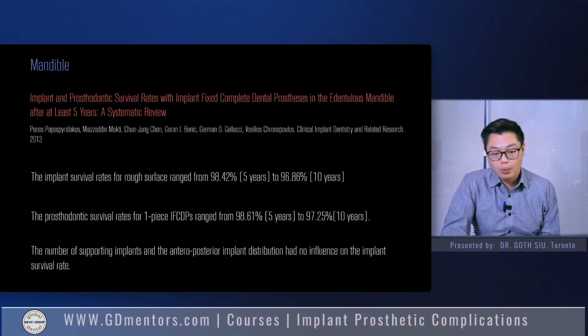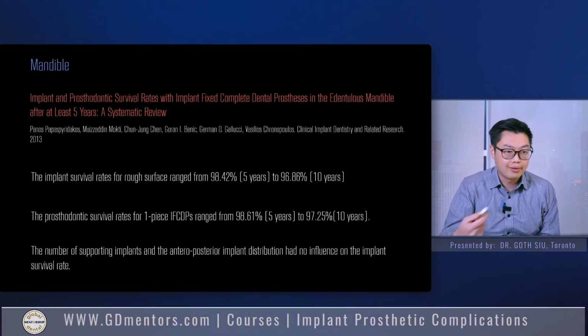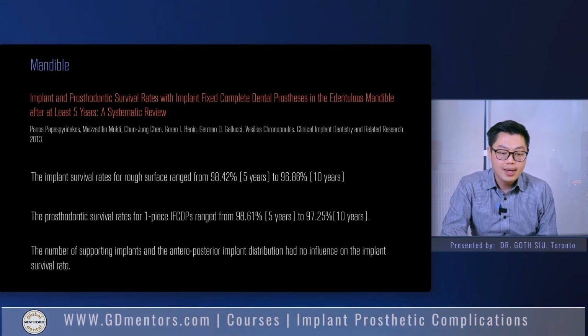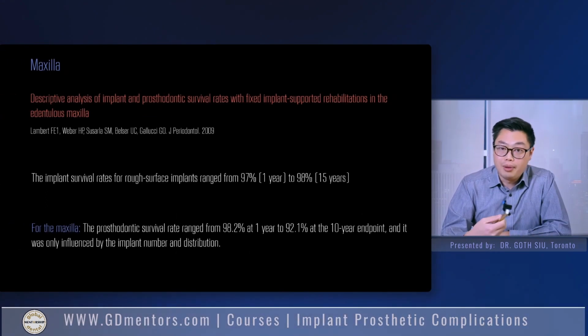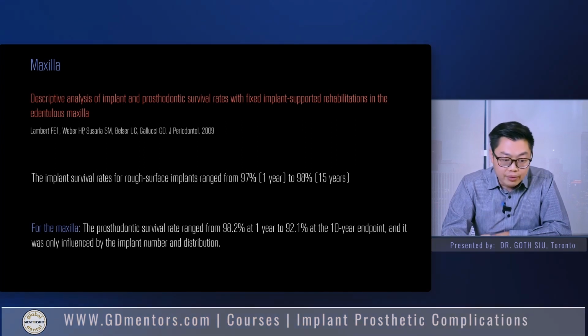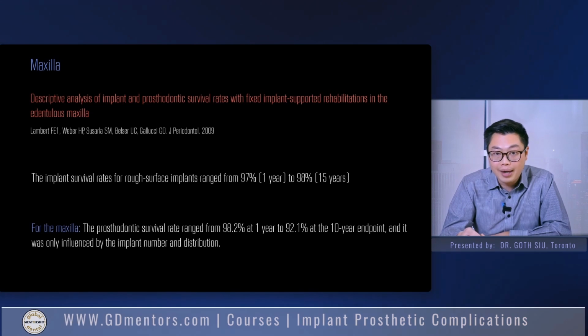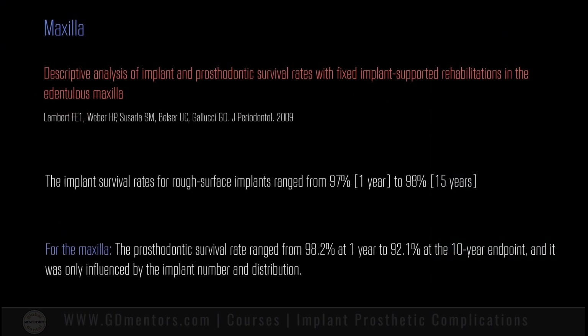Therefore, in the mandible, with an implant survival rate of 98 to 99% at 10 years, it may be more likely that you can do 4 implants only. On the maxilla, however, the survival rate of the prosthesis is a little bit better based upon the positioning of the implants.